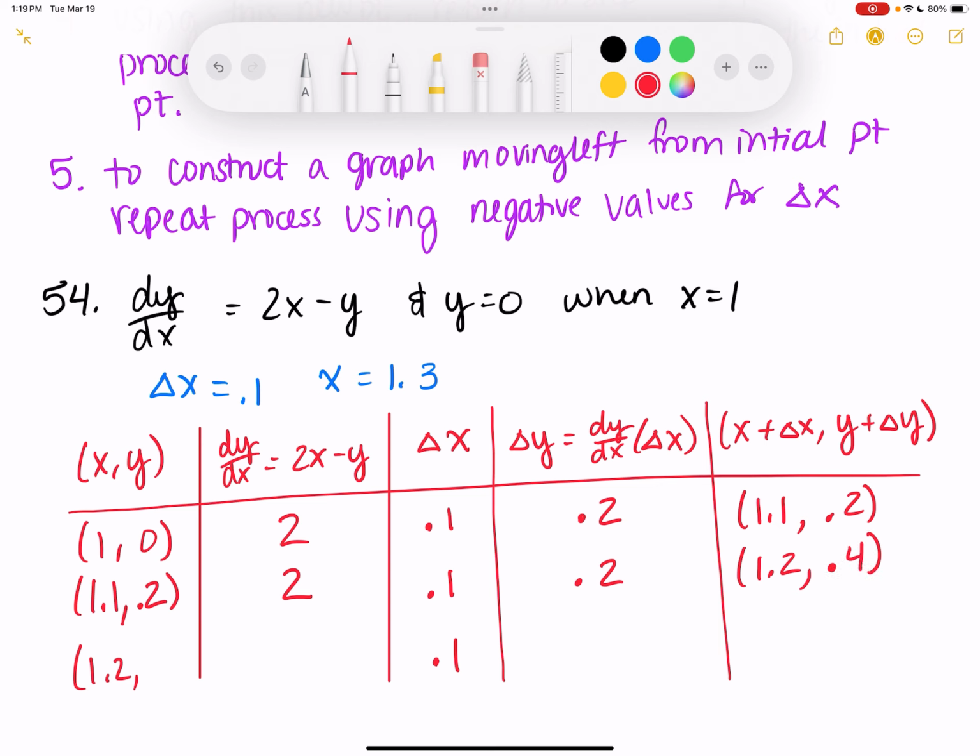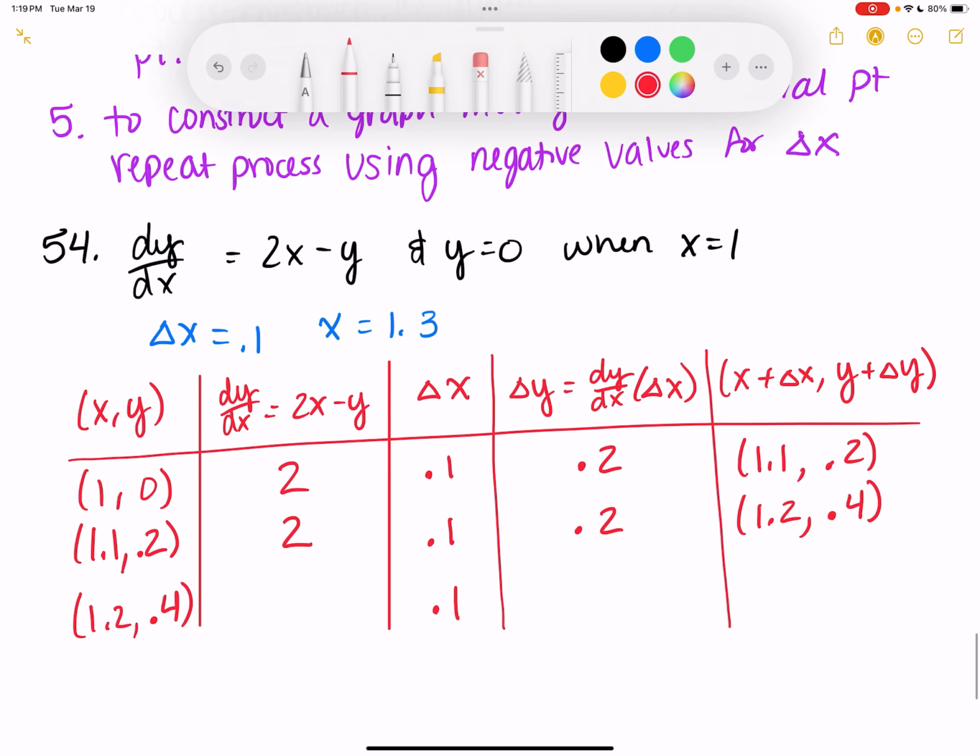So now I use this point over here. What's 1.2 and 0.4 plugged into that equation? 2. And I'm just going to tell you that's not always going to be the case that they're the same.